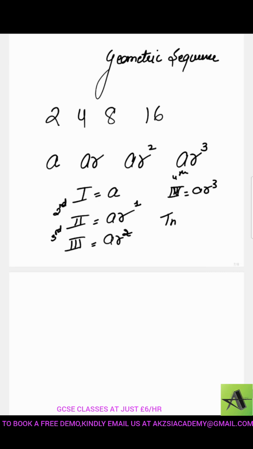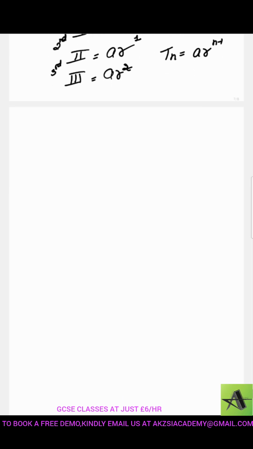Similarly, the nth term will be ar to the power of n minus 1. So if the sequence is 2, 4, 8, 16, and you have to calculate the 10th term, then the formula says Tn equals ar^(n-1).